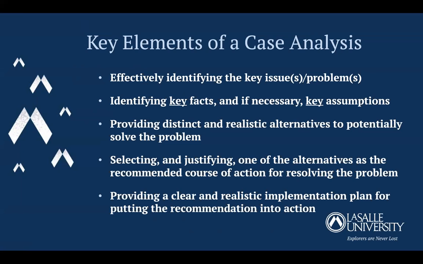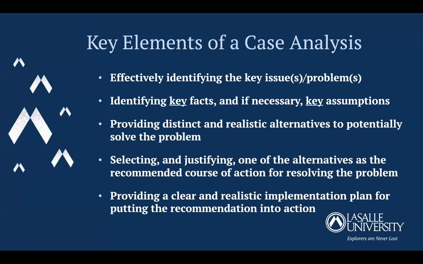The third part is, as a decision-oriented tool, you're going to want to provide distinct and realistic alternatives to potentially solve the problem. So the idea here is you want to identify the problem, you want to look at the facts and the assumptions that underlie that problem, and then you want to begin moving on to what are the potential ways that we could resolve this problem.